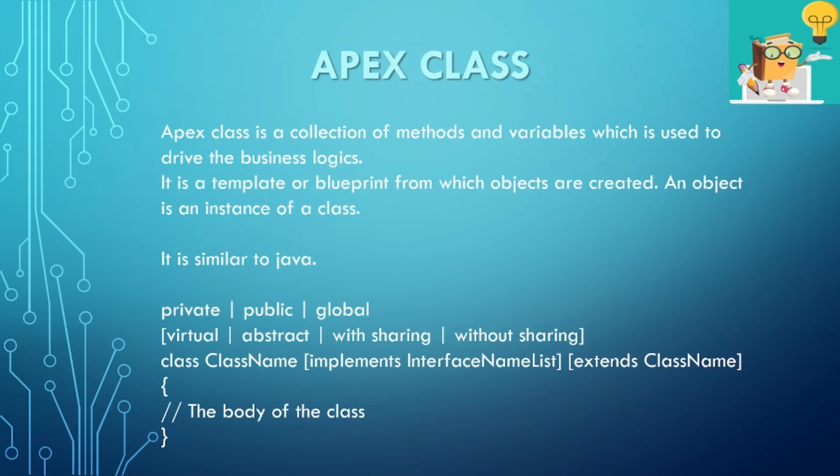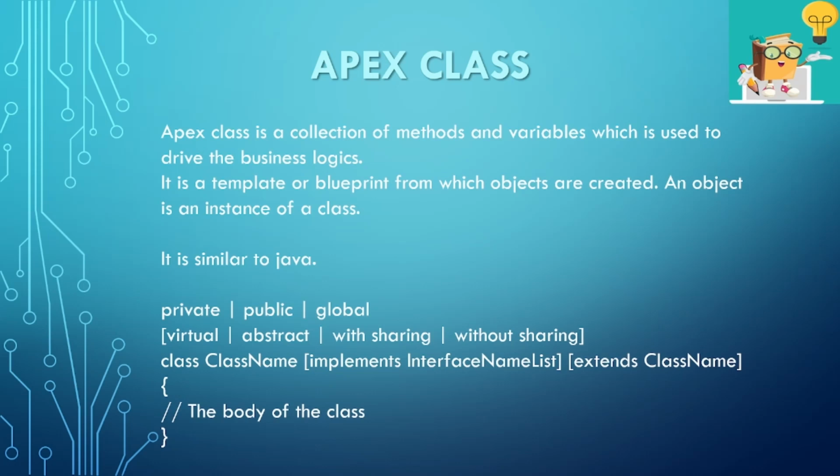So what does public mean? Public tells that this class can be called from anywhere in the Salesforce system of the same namespace. So let's say you have your sandbox, or you have one production org called, let's say, some DL production.